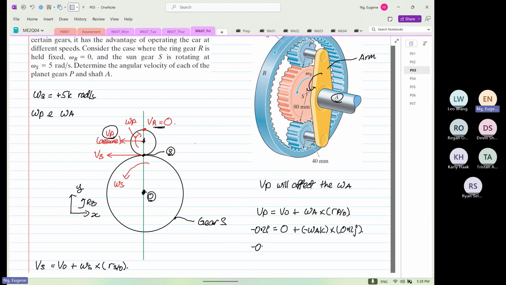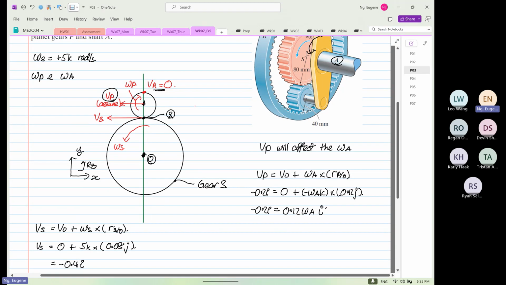So minus 0.2 I is equal to minus omega A K cross 0.12 J. K cross J is negative I, so it will be positive 0.12 omega A, in the I direction.